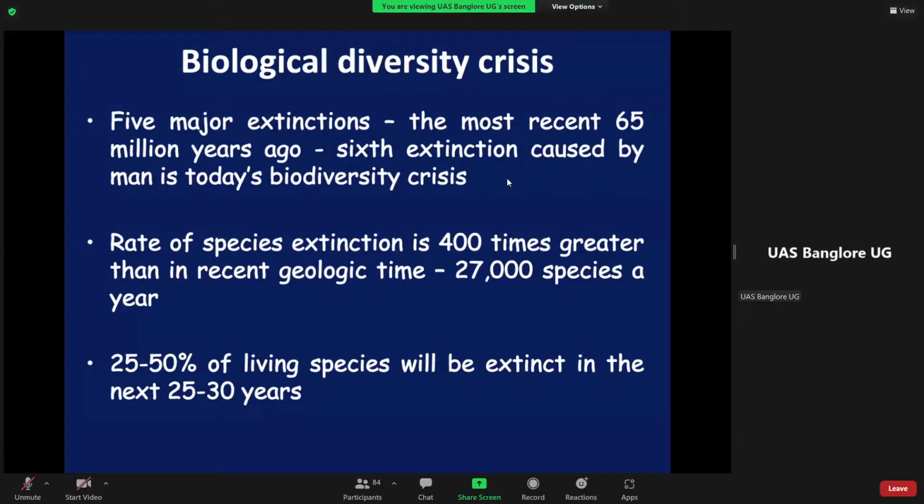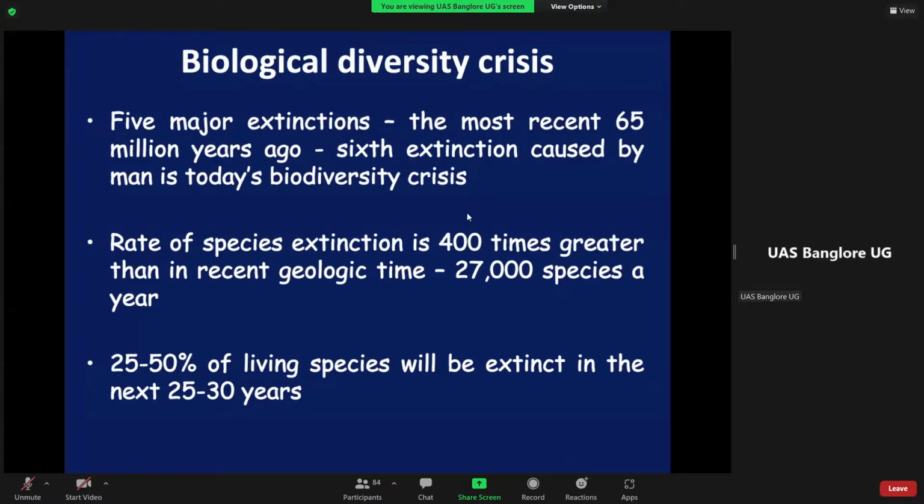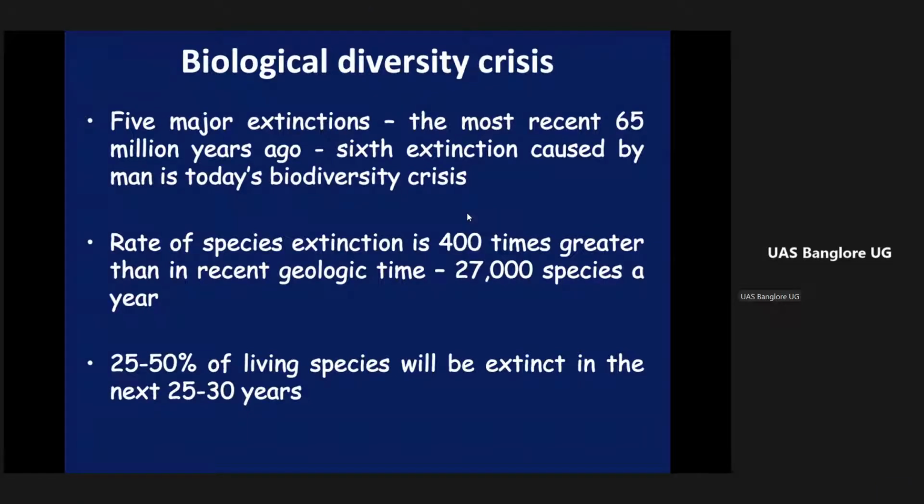And anybody can guess when the next is going to be? There are 5 already. Dinosaurs have gone, many of the other things have gone. And if you remember, we always say that cockroaches have survived the 5 mass extinctions, and still they are there.